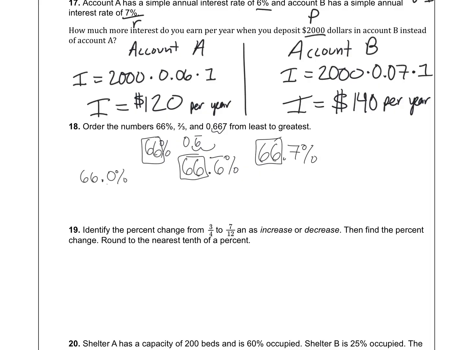So if I compare 0, 6, and 7, it turns out they're already in order. 66% is the smallest because its tenths place is 0. 2/3 is my next smallest because it has a tenths place of 6. And 0.667 is my greatest because it has, in this case, a thousandths place, or in my percent, the tenths place of 7.